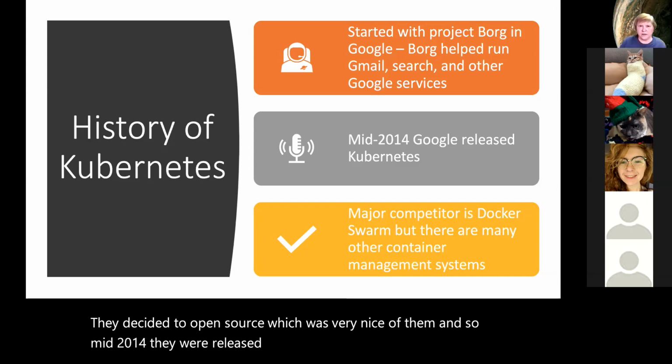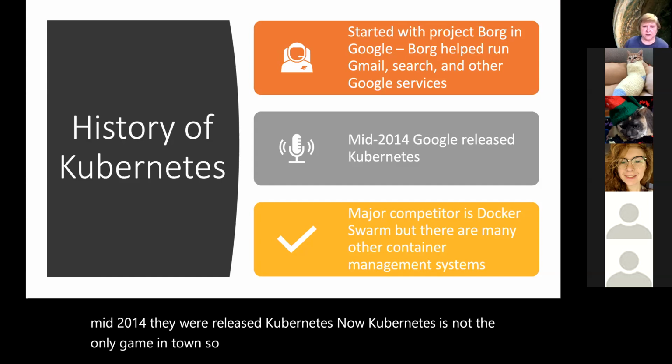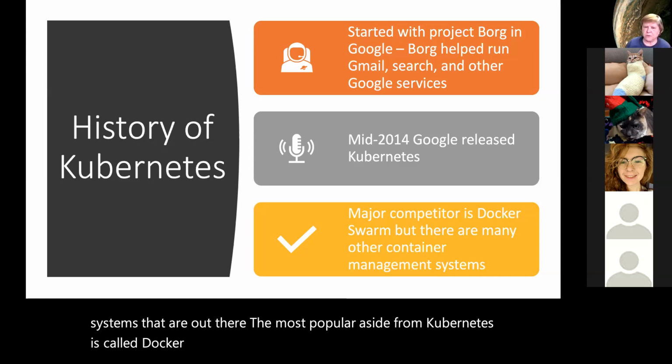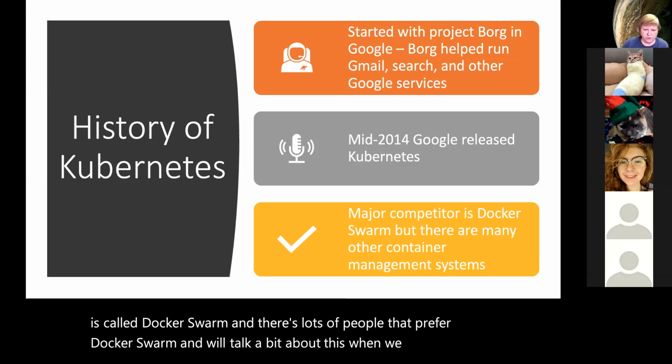Now, Kubernetes is not the only game in town. There are lots of other container management systems out there. The most popular, aside from Kubernetes, is called Docker Swarm. Lots of people prefer Docker Swarm, and we'll talk about this when we look at the disadvantages of Kubernetes.